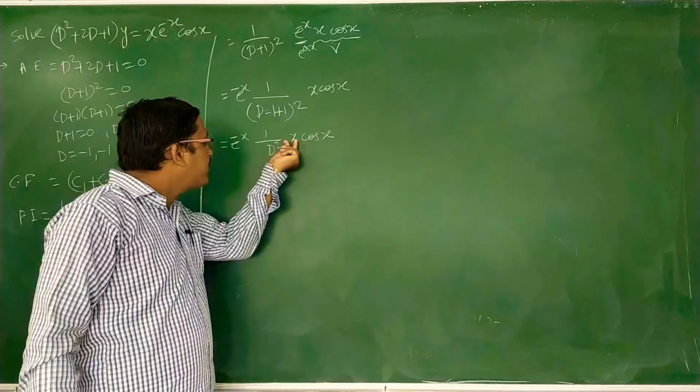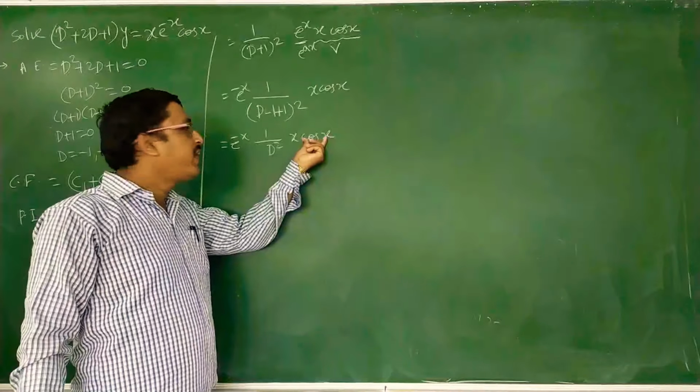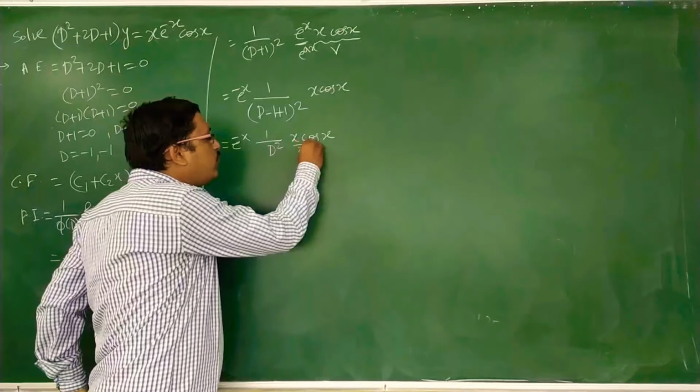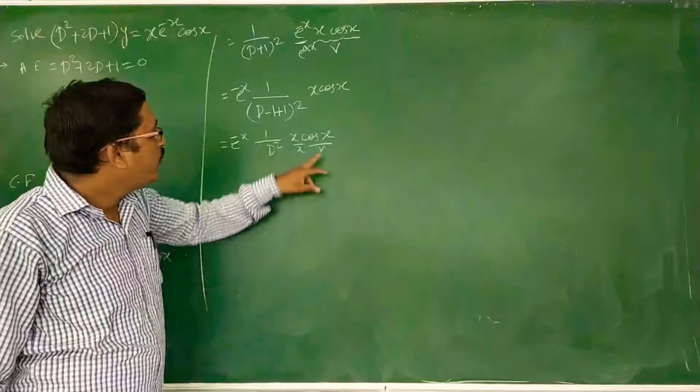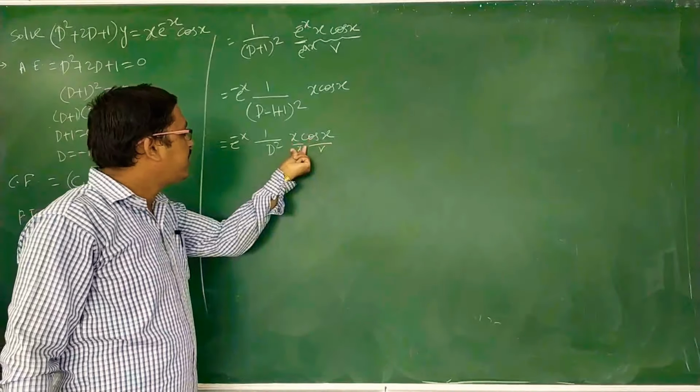Out of these two functions, the first function is x and the second is cos x. So we can apply here the x V rule, where V is the function of x, that is cos x. What is the x V rule?